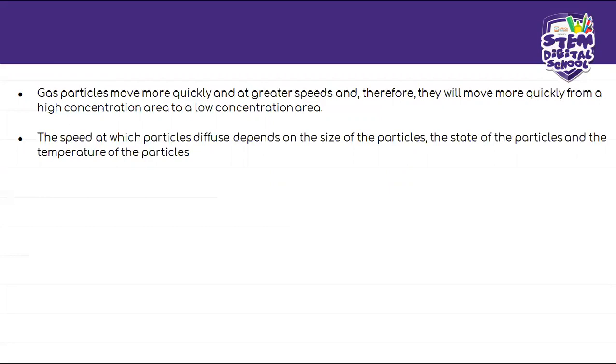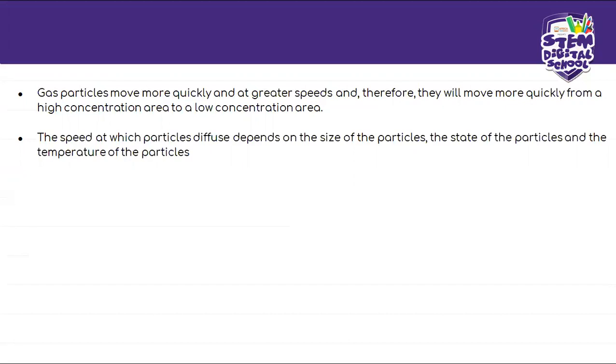If the particles are large, they will diffuse what? Less fast or slowly. So when we talk of the size of the particles in relation to diffusion, we can conclude that the smaller the particles, the faster the rate of diffusion, and the larger the particle size, the slower the rate of diffusion.